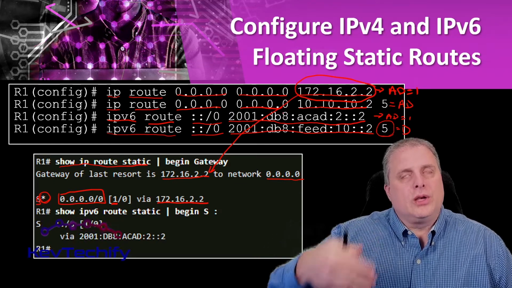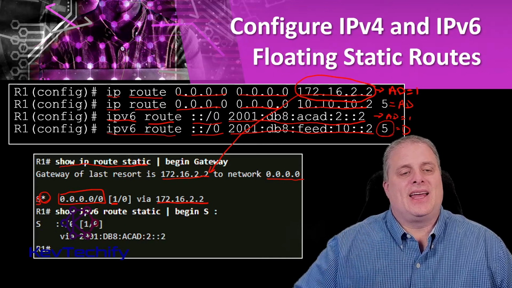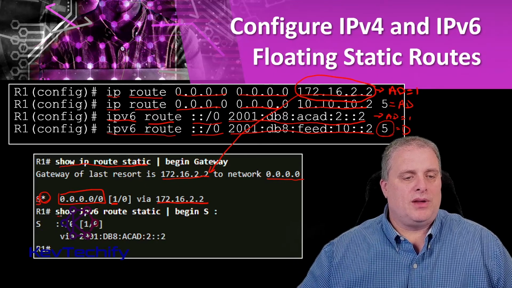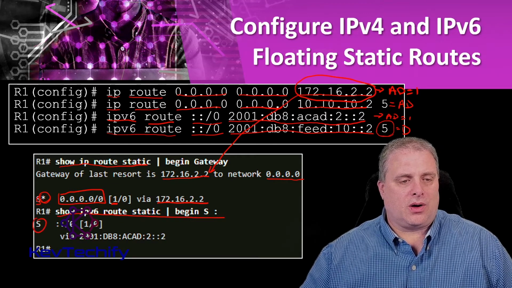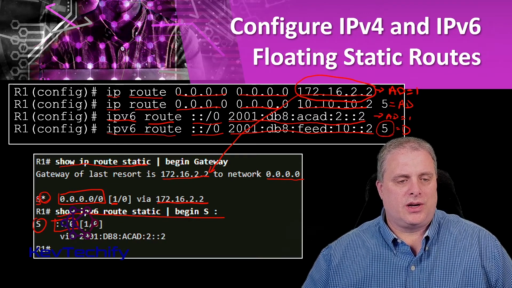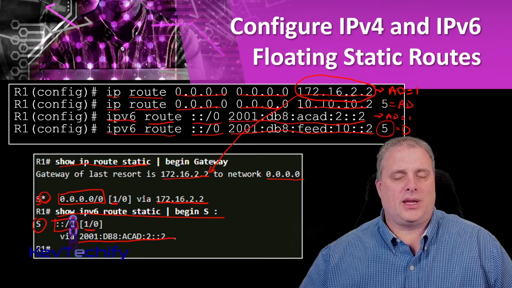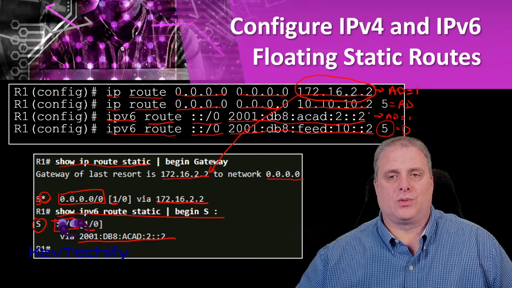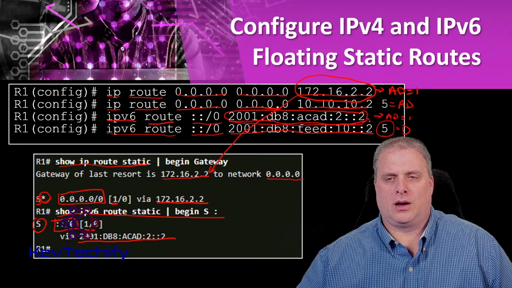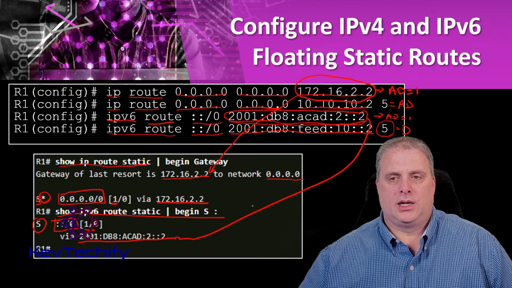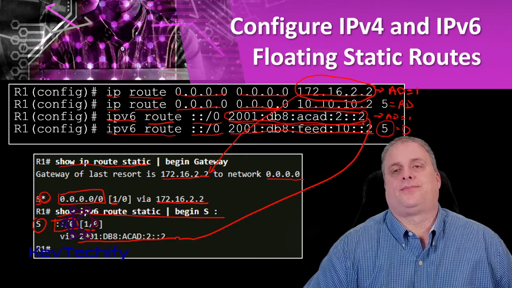You would need to go in and look at the running config to see that it's in there. Same thing we can do with IPv6. We have a static route with all zeros, administrative distance 1, and then our next hop IP address, which is the first one we entered here. It doesn't show us the second one.